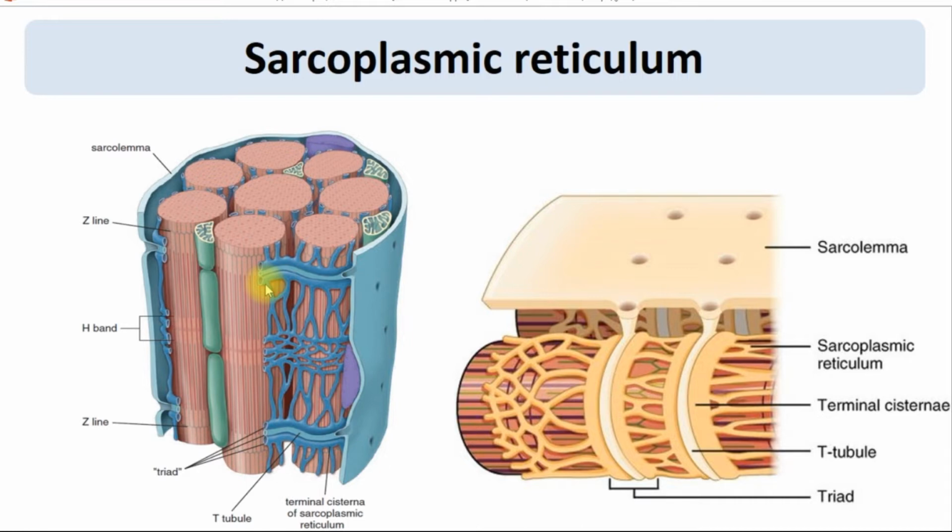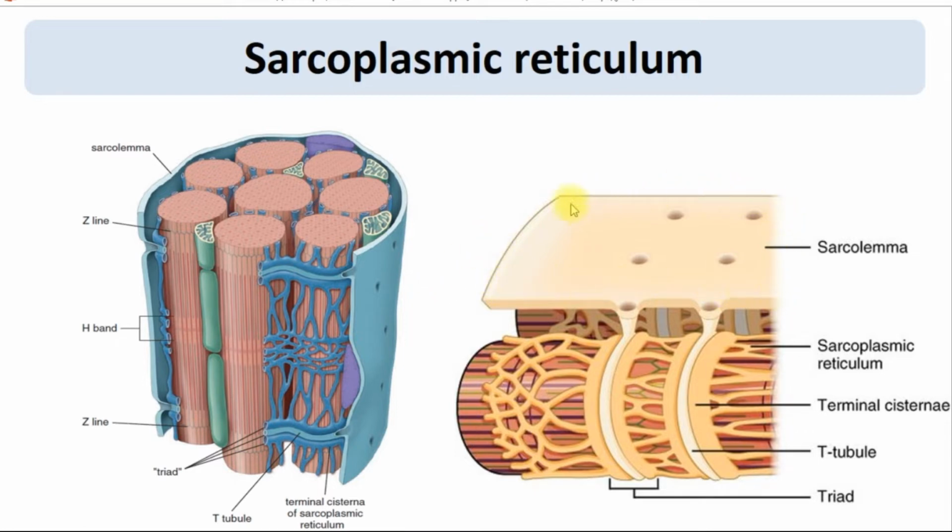So exactly, sarcoplasmic reticulum is storage of calcium ions which are essential for the muscle contraction. And what are the systems in the sarcoplasmic reticulum? It includes two systems of the tubules.